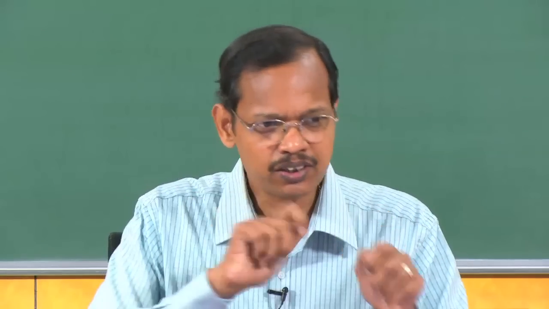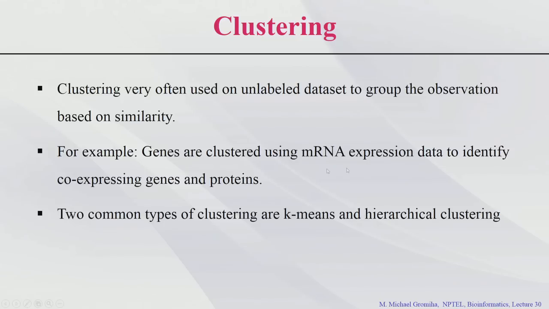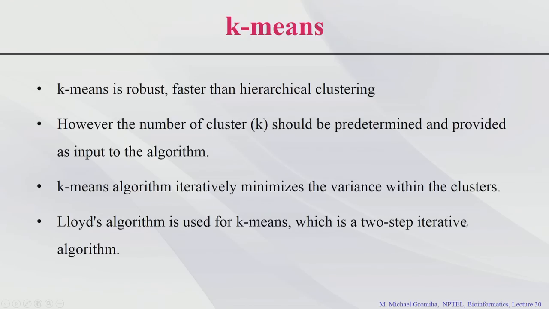Then you group the proteins which are very close in value, and move them around so that within each group the average difference between the hydrophobicity values is the minimum. Likewise, genes are clustered by mRNA expression to identify co-expressed genes, as well as proteins. There are various types of clustering techniques, and the normally used ones are k-means clustering and hierarchical clustering. Now we will see how these clustering techniques work.